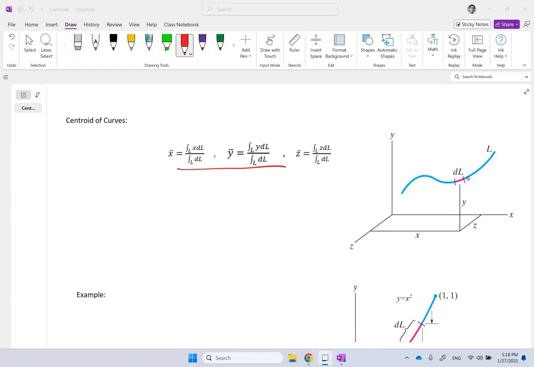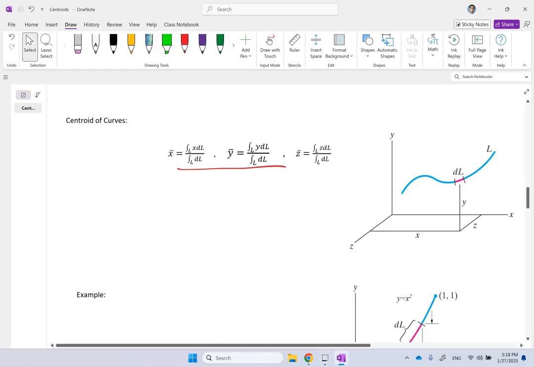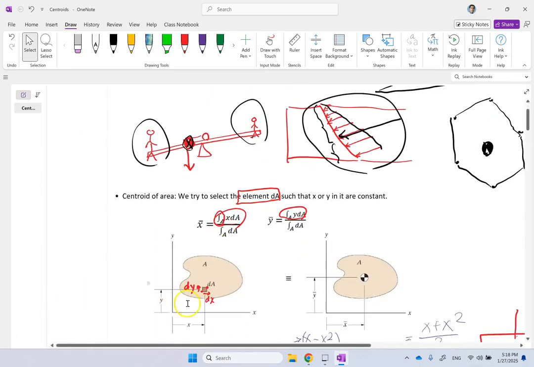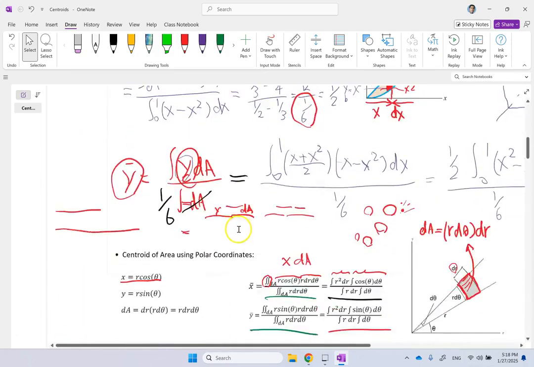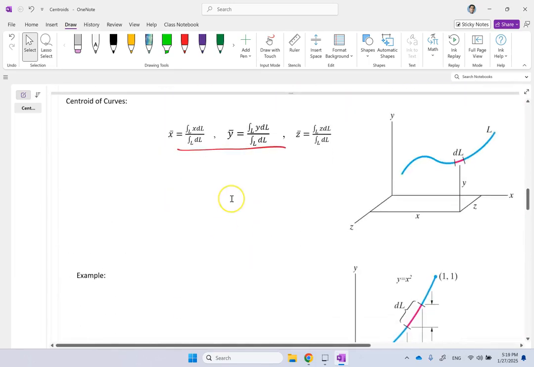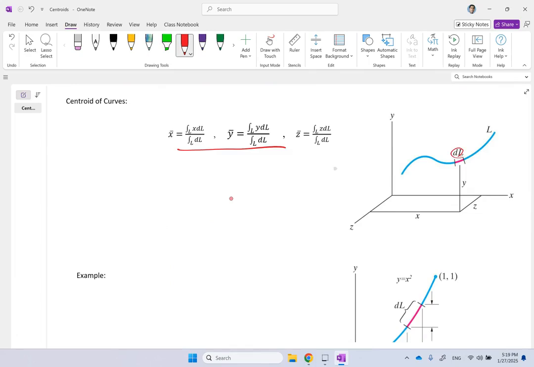So you do a very similar thing like last time, but instead of picking a small area element, dA, and sweeping the entire surface with it, like you did here, you pick a small length of the curve dl, and then you move it all over the curve so it sweeps the entire length of the curve L. And this is a very, very small thing, dl, so it is right now located in position xyz, and when you move this over the curve xyz do change based on how the curve is.